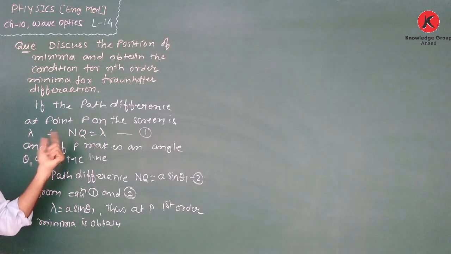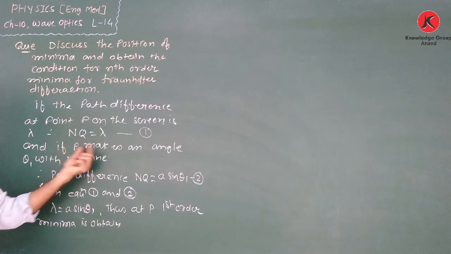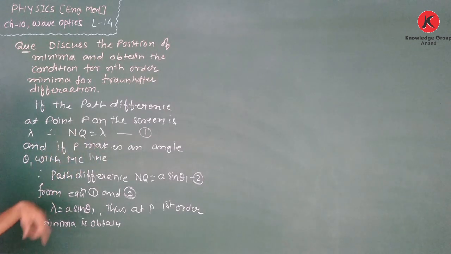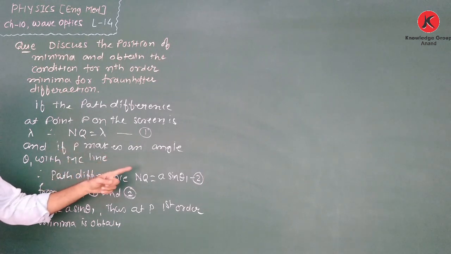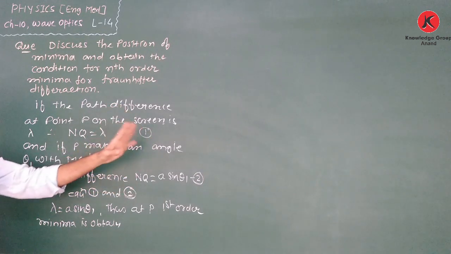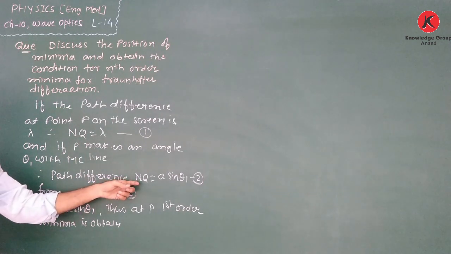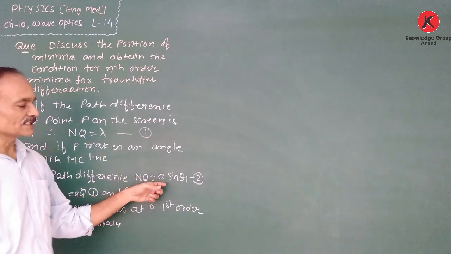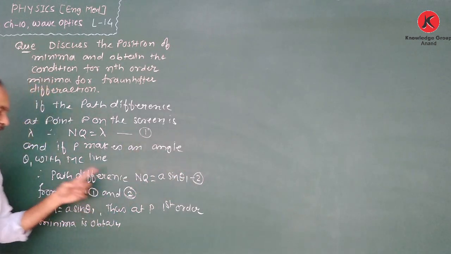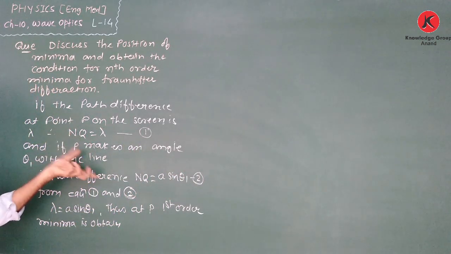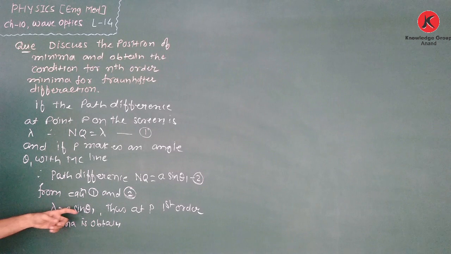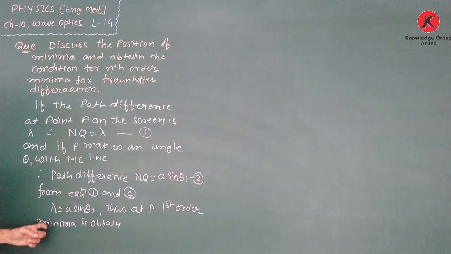And if P makes an angle theta 1 with the MC line, therefore the path difference NQ is equal to a sin theta 1. Already we derived the equation of the path difference, that is, path difference is equal to a sin theta. So combining these two equations, we obtain lambda is equal to a sin theta 1. For this condition at point P, the first order minima is obtained.